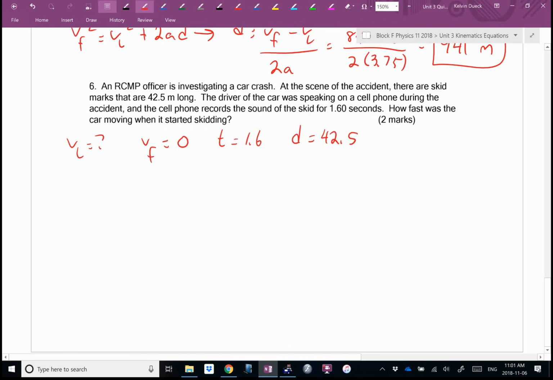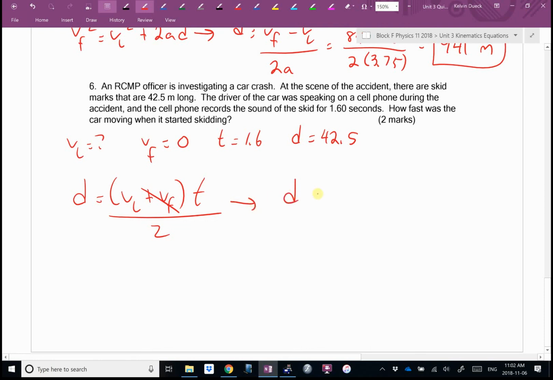Now, I think in the question that we did in our notes, I actually told you the speed limit, and we asked, should this person be charged with speeding? Here, we're just asking you to find VI, because that's what you had to find in the other question. Anyways, I think I'm going to use D equals bracket VI plus VF times T all over 2. But conveniently, VF is 0.